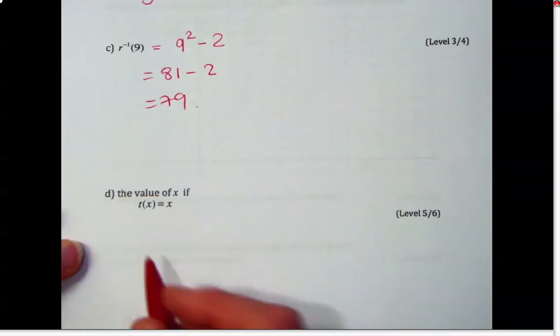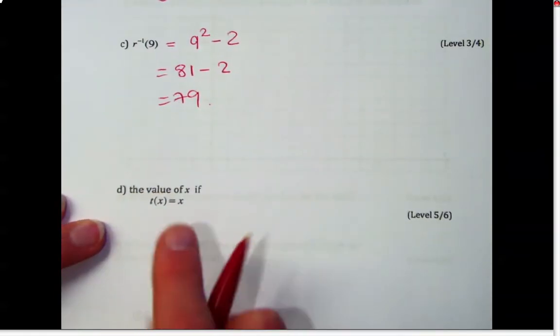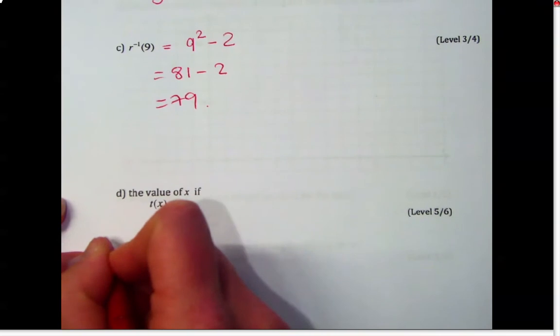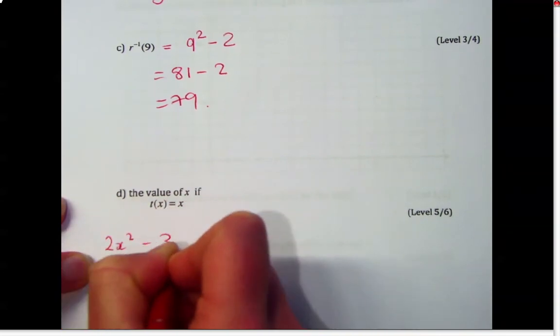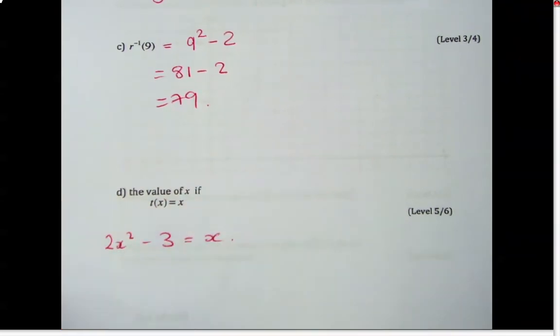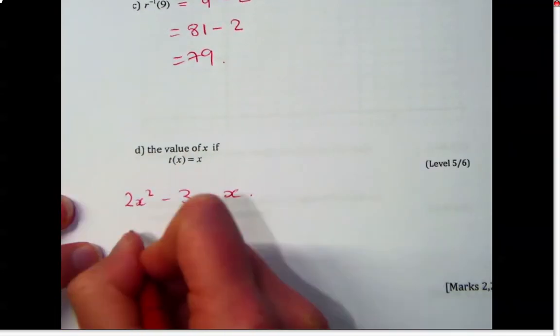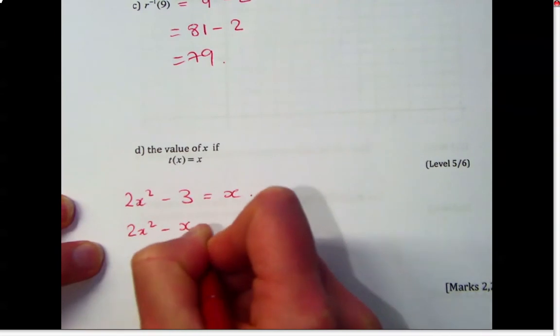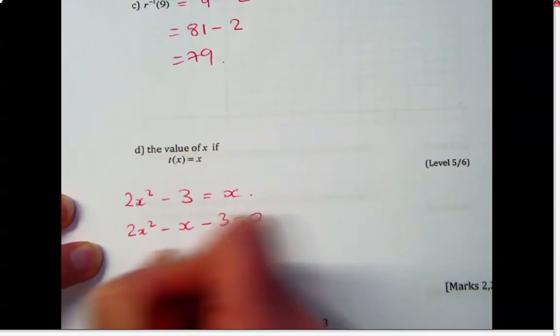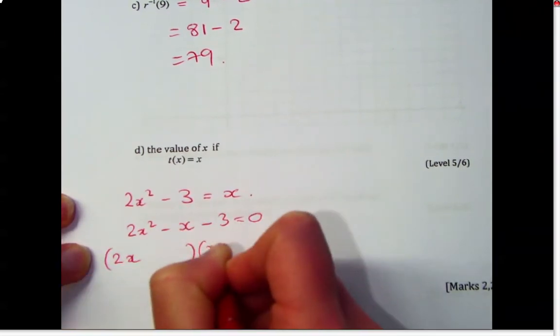Then it says determine the value of x where this is equal to x. Now t of x is 2x squared minus 3 equals x. That's a quadratic equation. I'm not going to go through in detail how to solve it. Factorize 2x and x.